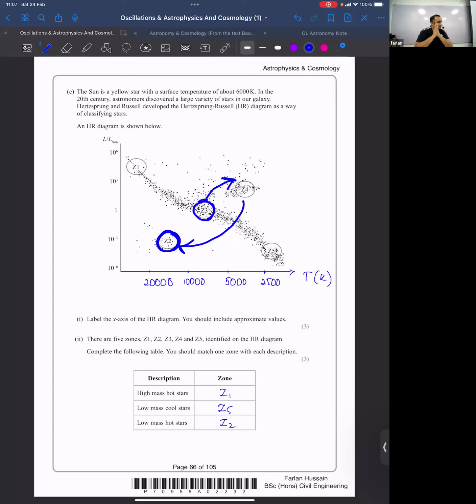Now it is a red giant. What is next after it becoming a red giant? It becomes a white dwarf.